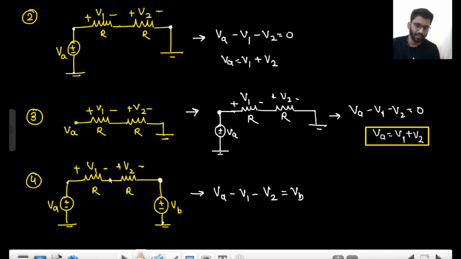So again you will get this only. And here you reached, and what is the potential of this point? That is equals to 0. So VA is equals to V1 plus V2 plus VB. Right?